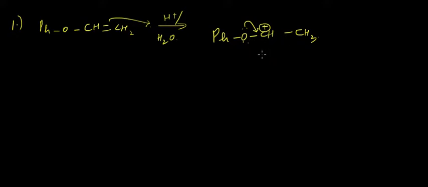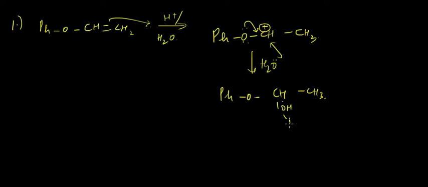Now what is the second step? The second step would be the lone pair of an H2O water molecule attacking this positive charge, and it will form something like this. Again H plus would be released, by this oxygen atom.